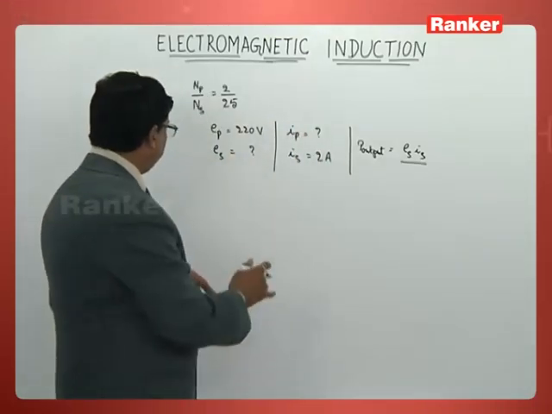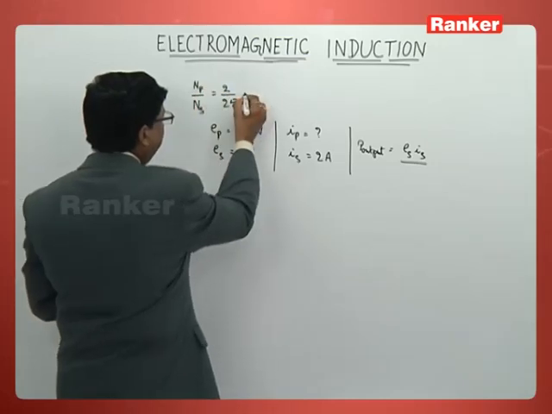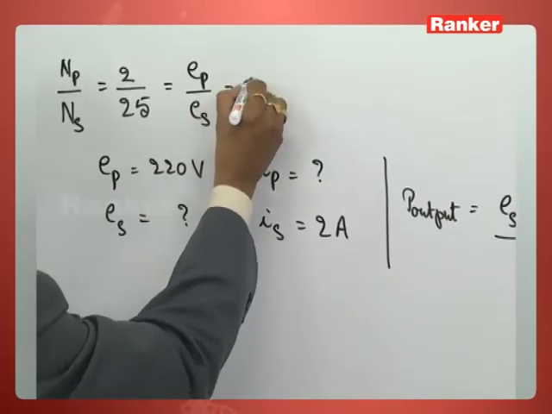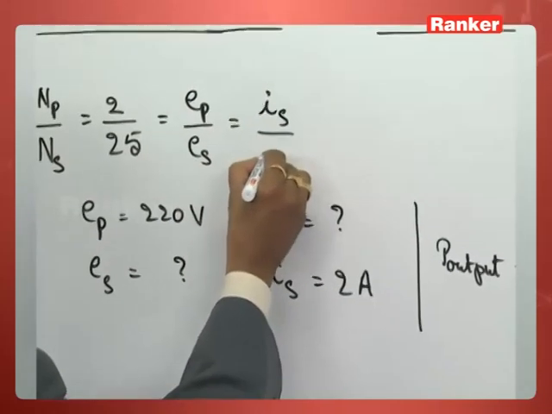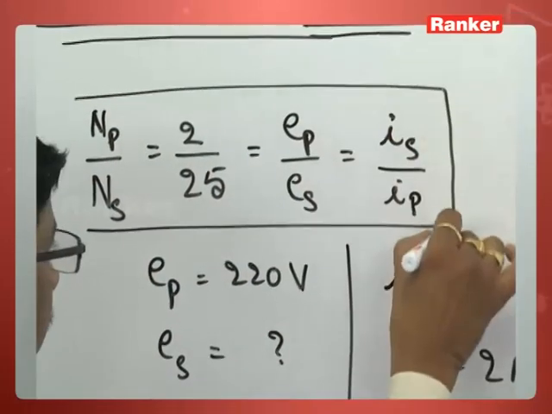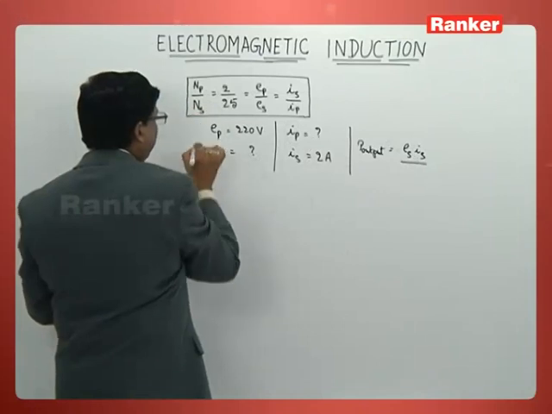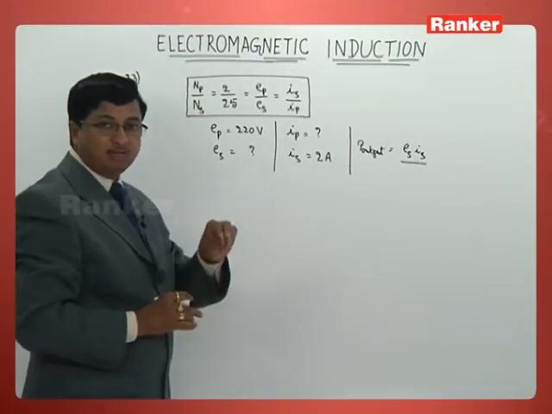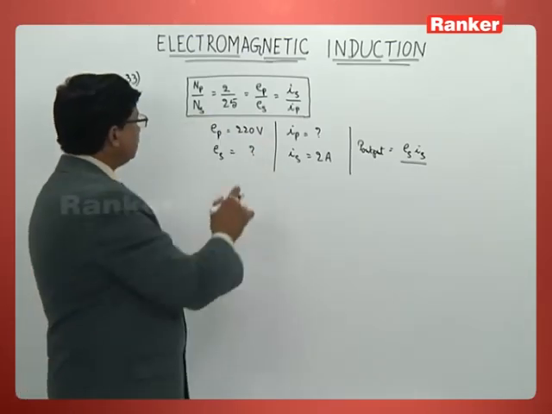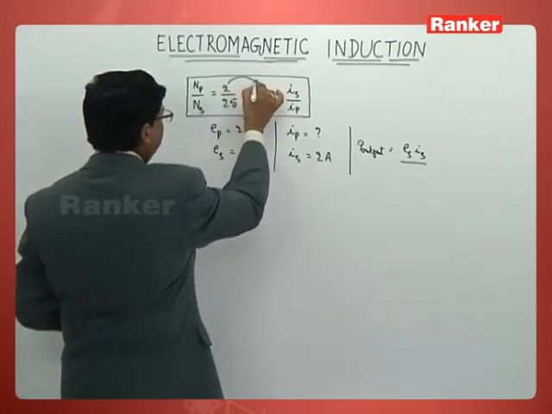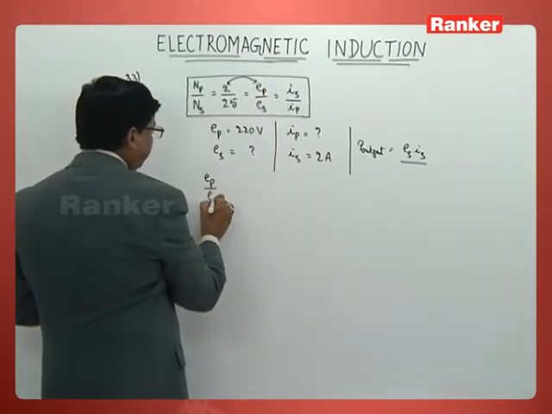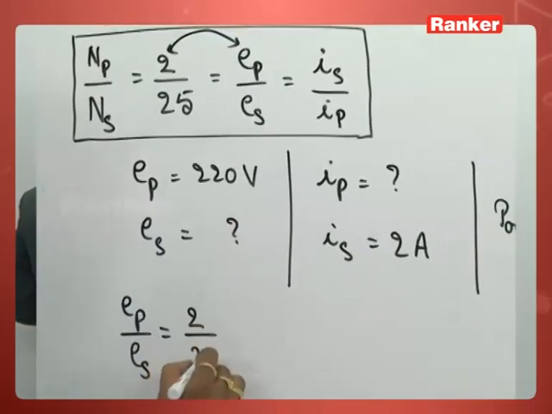Now see the formula we can take up. N primary by N secondary is equal to E primary by E secondary is equal to I secondary by I primary. This is the general formula one has to remember for an ideal transformer having 100% efficiency. First of all, take these two. E primary by E secondary is 2 by 25.